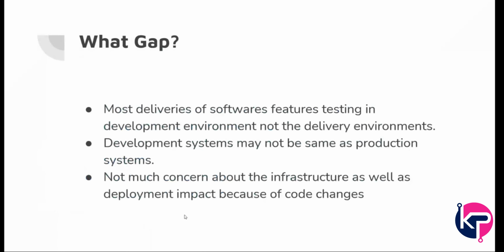So what is the gap? Most delivery of software features is tested in the development environment, not the delivery environment. The developers or testing people are working in a local or some other server. It's not the production environment.